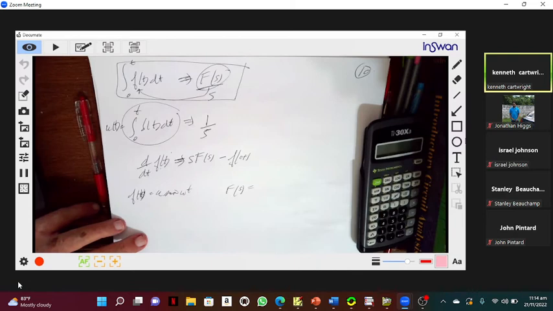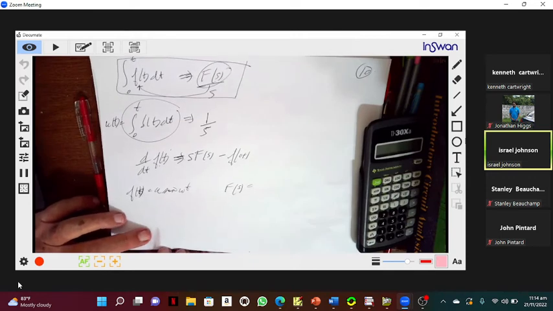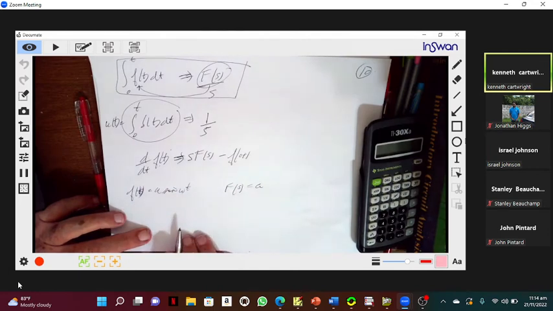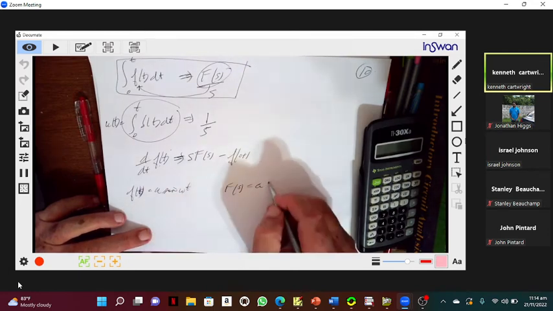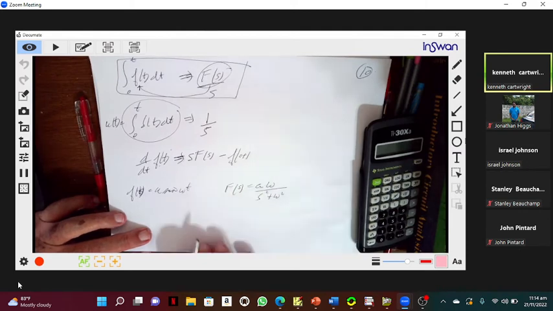It's A omega over s squared plus omega squared.